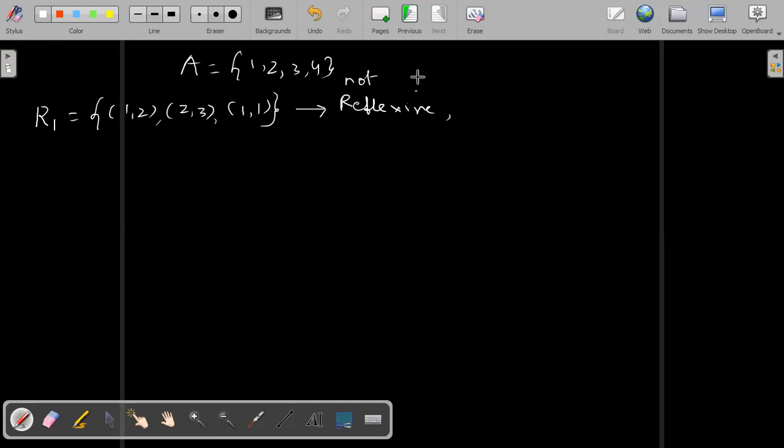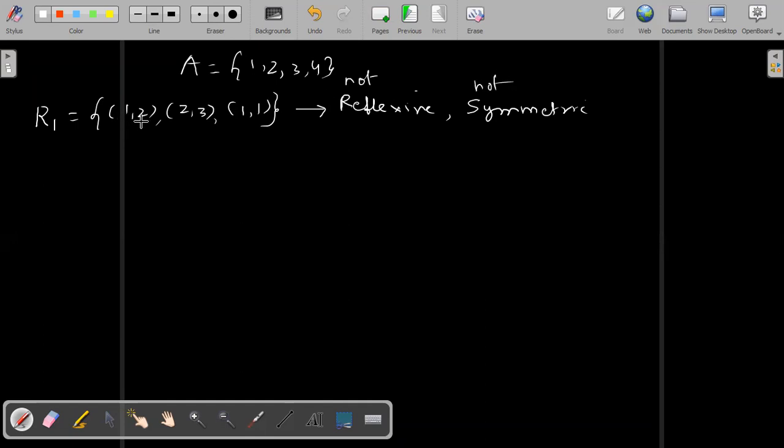Then symmetric. For symmetric, if (1, 2) belongs to R1, then (2, 1) must belong to it. Here (1, 2) belongs, but (2, 1) does not belong to R1, so it is not symmetric.